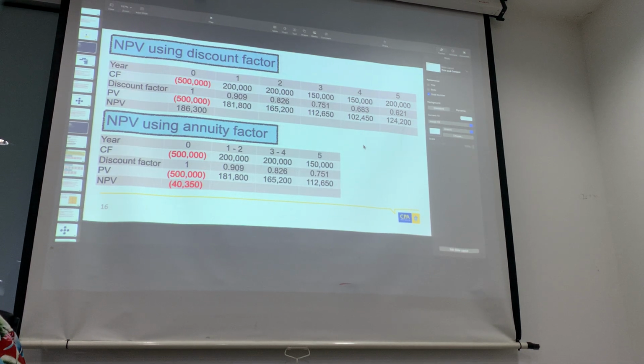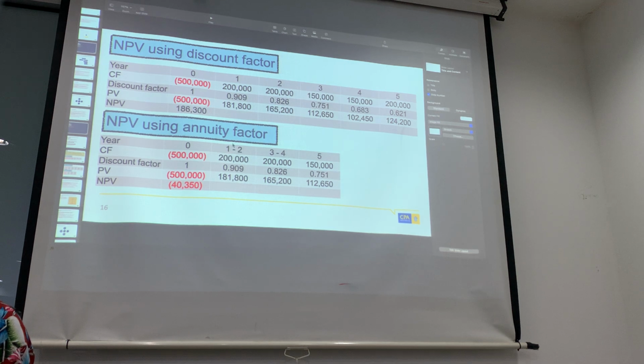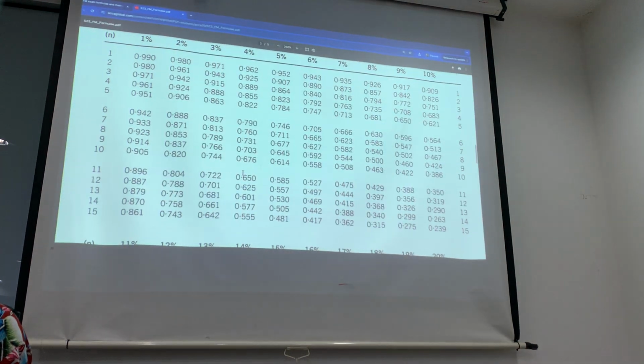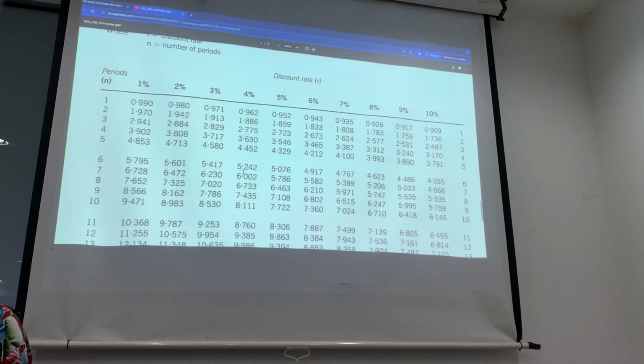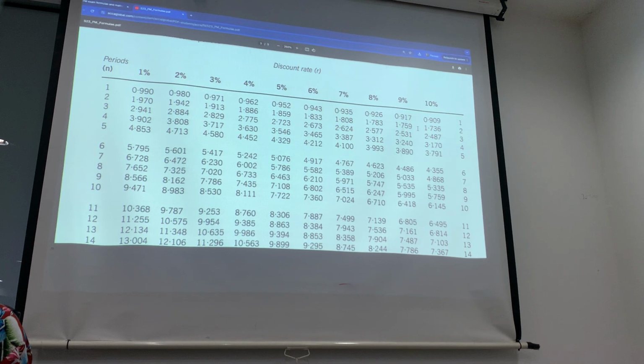So when I'm doing annuity factor, I want you to see what I'm doing here. Can you see this? Okay, whereby I am doing year 1 to 2. I use an annuity factor of, because I'm jumping down to this table, 10%. 1 to 2 is 1.736.